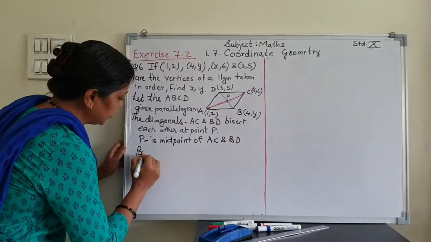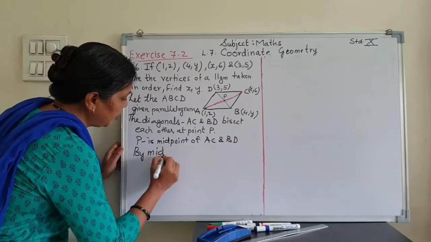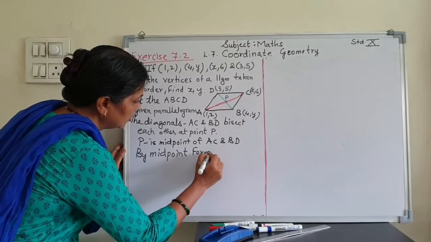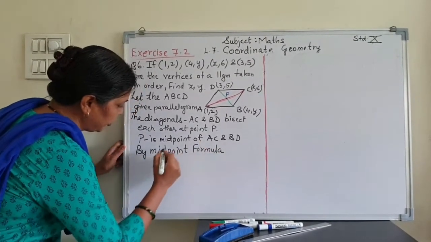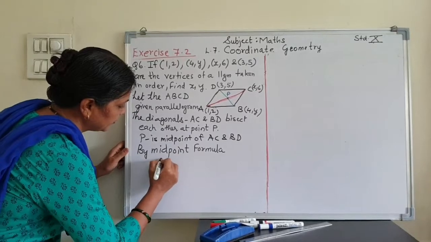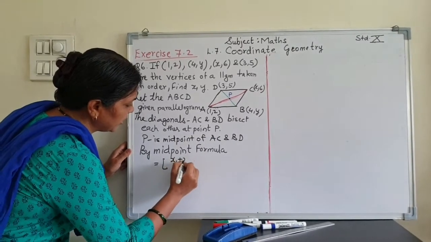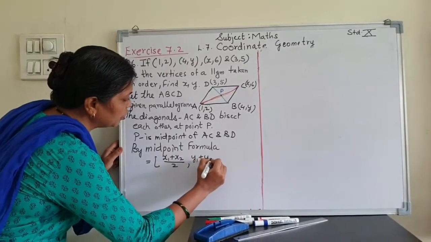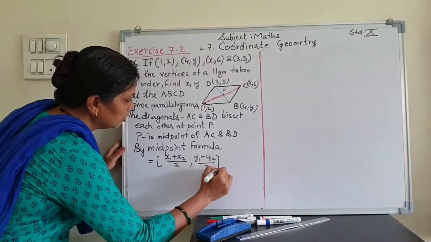So we are using the midpoint formula. The coordinates of the midpoint are x1 plus x2 upon 2, y1 plus y2 upon 2.